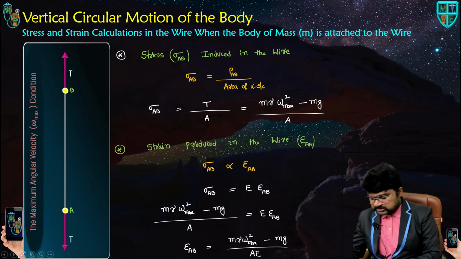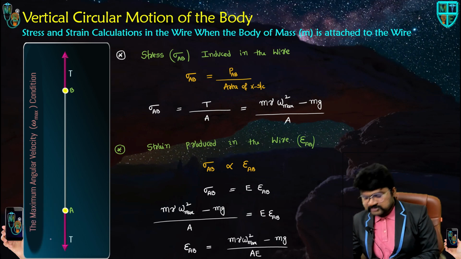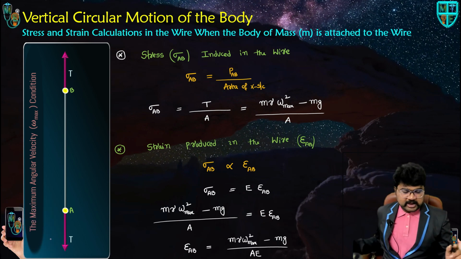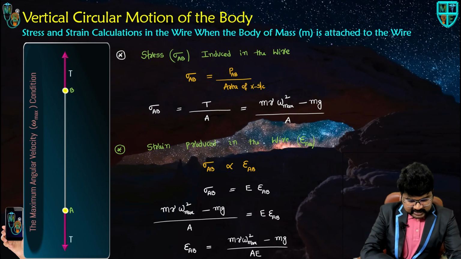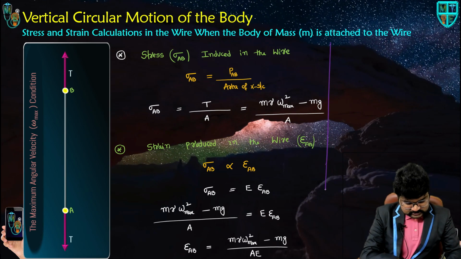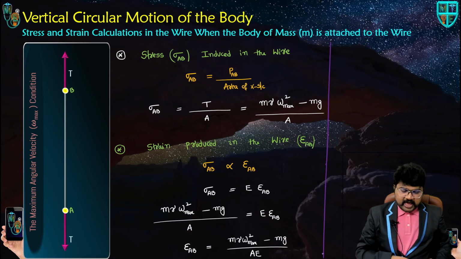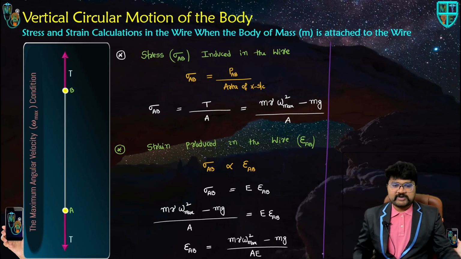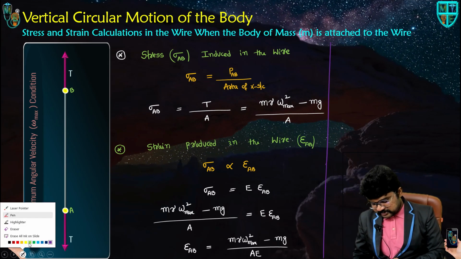Now I am interested to calculate axial deformation in the wire. This would be axial deformation in the wire, delta L AB.